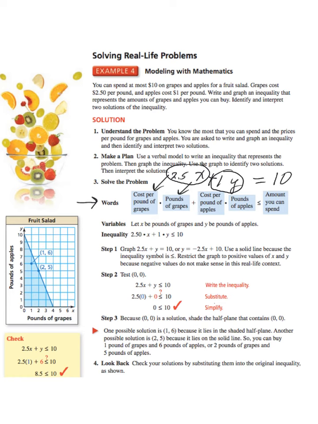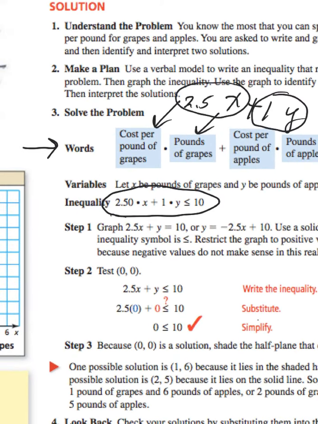So if you look down here, the inequality is right there: 2.50 times the number of pounds of grapes, X, plus $1 per pound times the number of pounds of apples, Y, is less than or equal to 10. In other words, I only have $10 to spend, so I can only spend $10 or less. That's why it says less than or equal to.